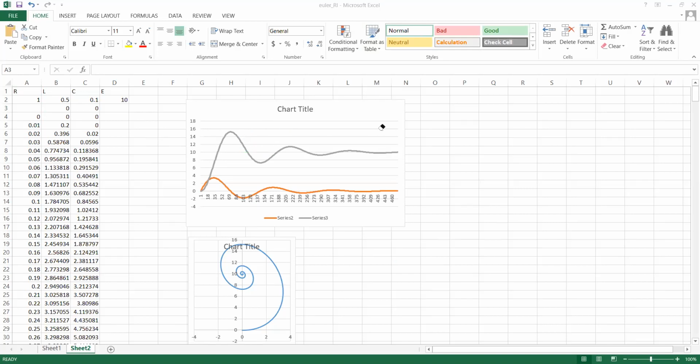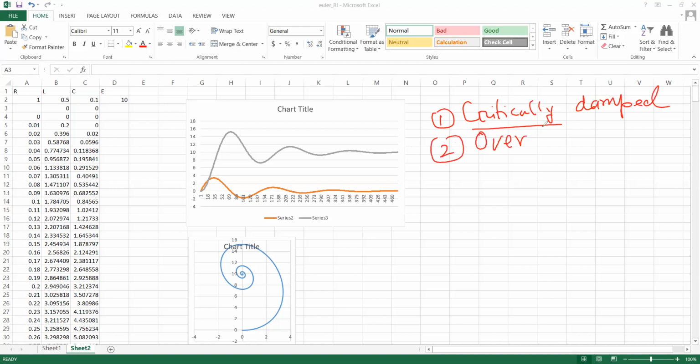How many types of responses are there in a second order circuit? I have discussed something in the last class also. One is critically damped. Please be fair. Did you hear this name for the first time, or have you heard this name earlier?